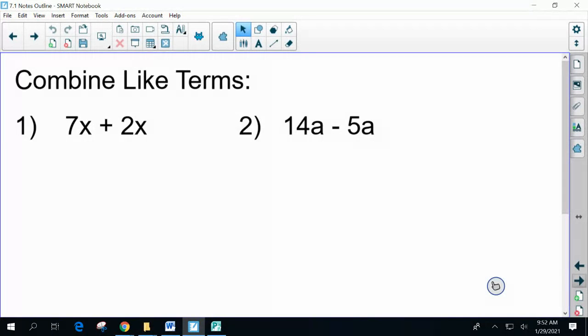Okay, so on number 1, both of those terms have an x, so those are like terms. So what you're going to look at is that number in front, which is called the coefficient, and you are going to follow what the signs say. So 7 plus 2 would be 9. So our answer for number 1 would be 9x.